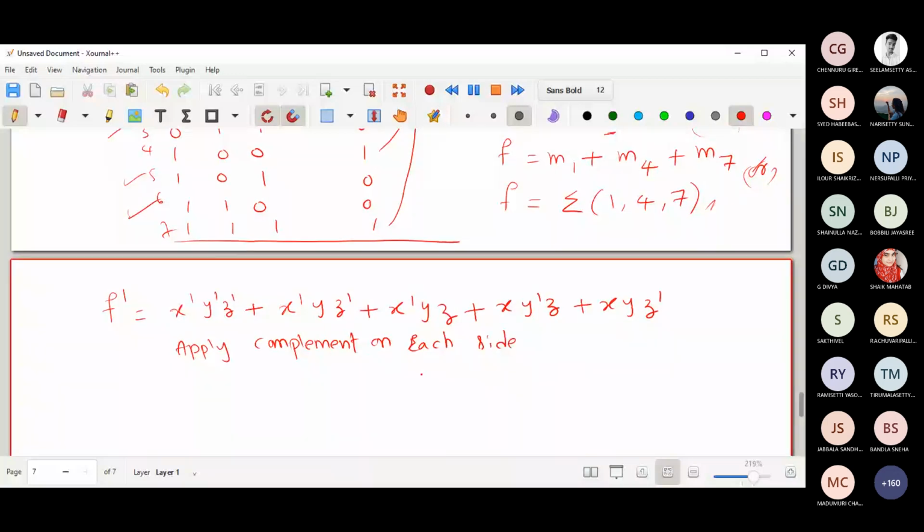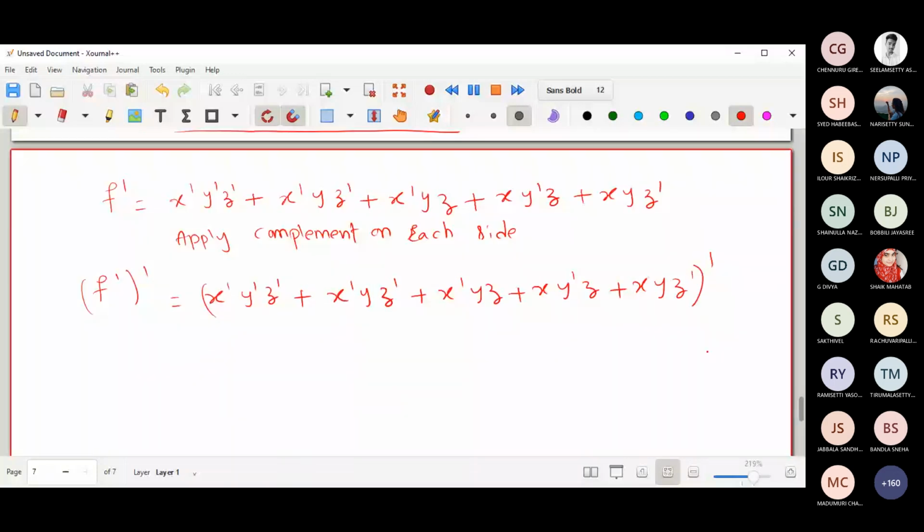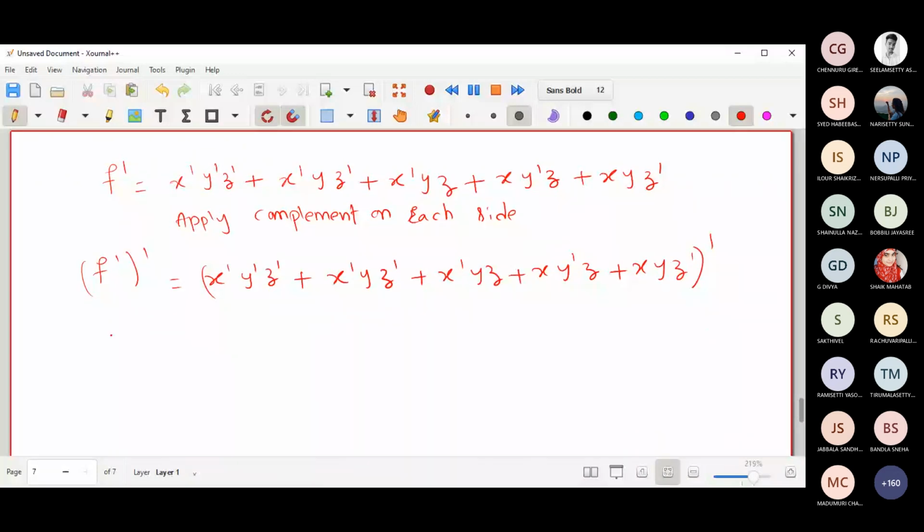F complement, whole complement, nothing but x bar, y bar, z bar plus x bar, y, z bar plus x bar, y, z plus x, y bar, z plus x, y, z bar, whole complement. F complement whole complement is f double bar, which is nothing but f itself.